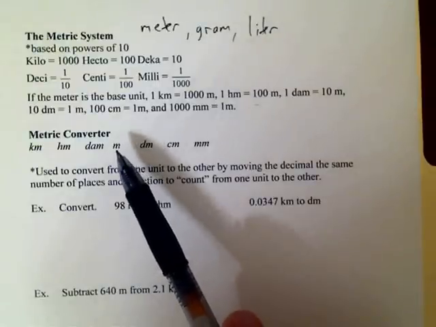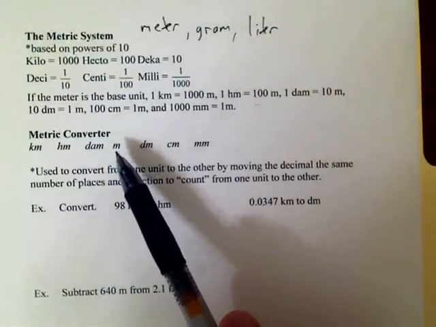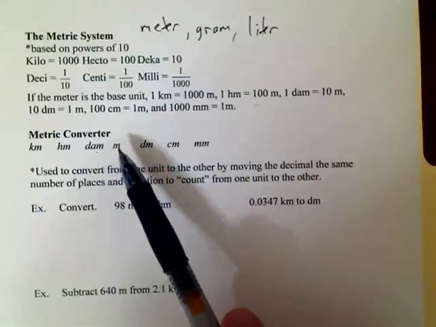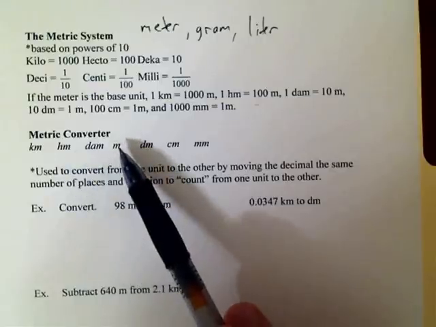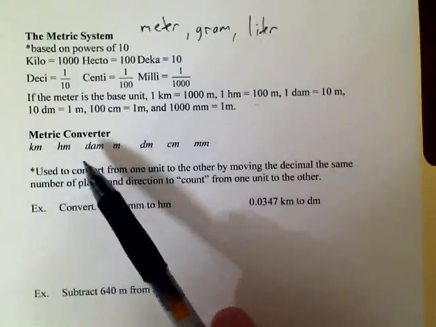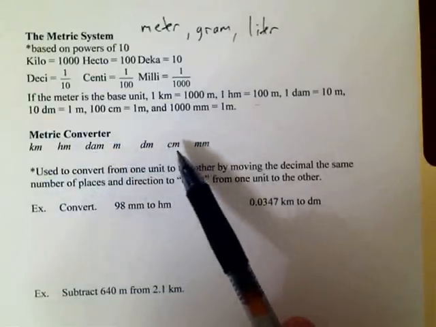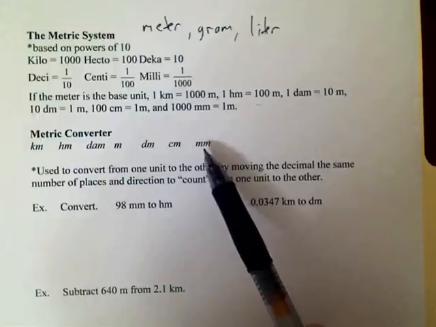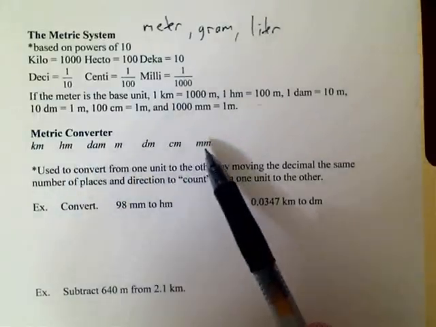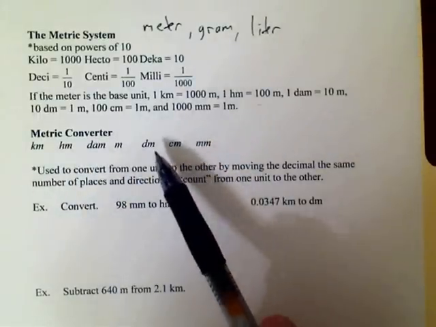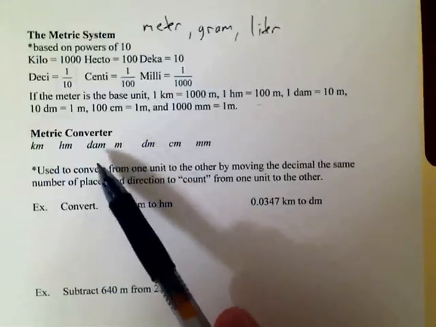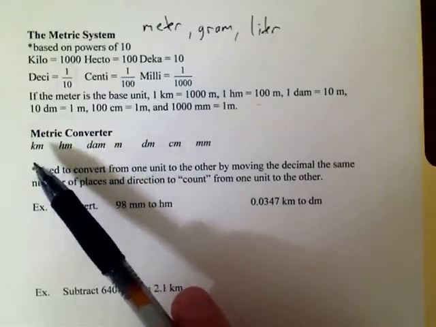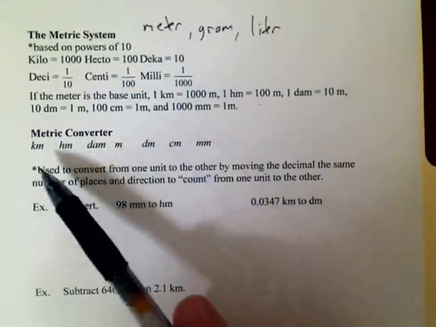Now in turn, it takes 10 meters to make a decameter, 100 meters to make a hectometer, and 1,000 meters to make a kilometer. So as you go from one to the other, it changes by a power of 10. So watch this. From millimeters to kilometers, it takes 10, 100, 1,000, 10,000, 100,000, 1 million millimeters to make 1 kilometer.